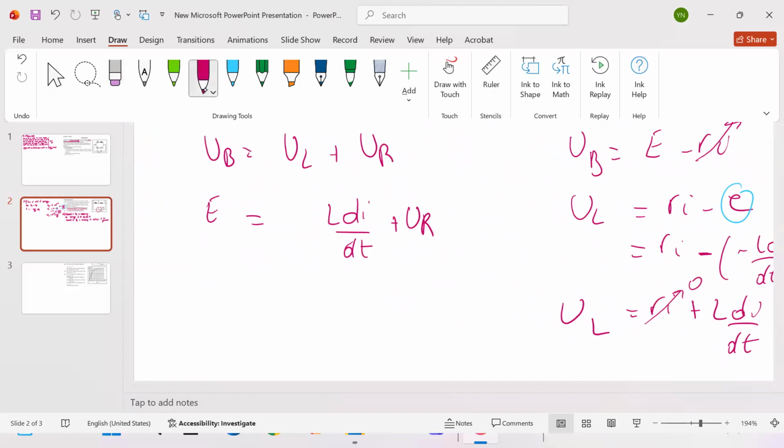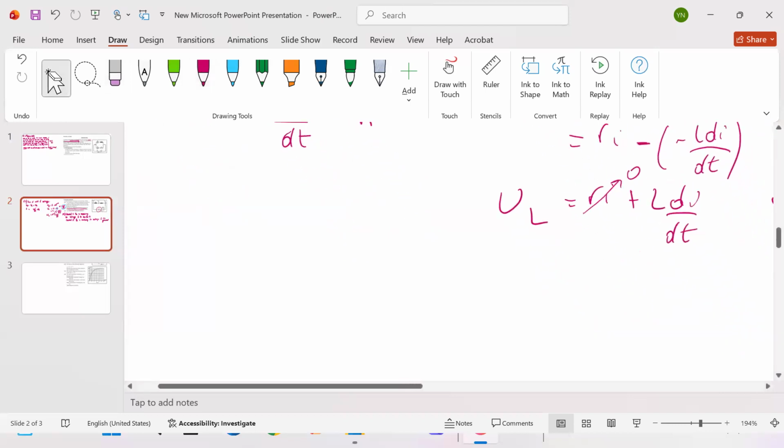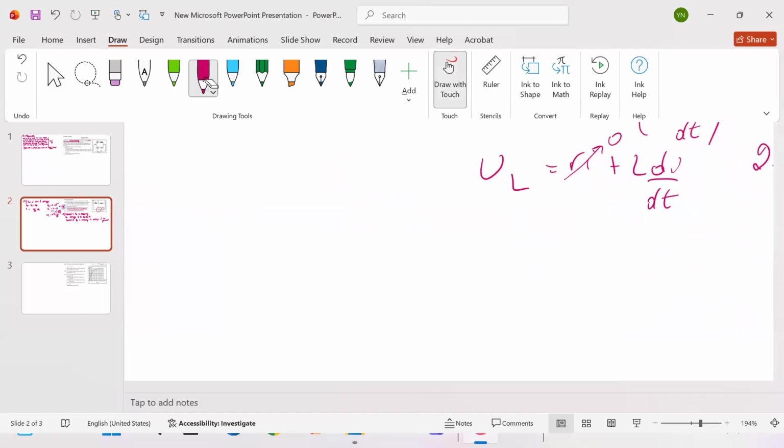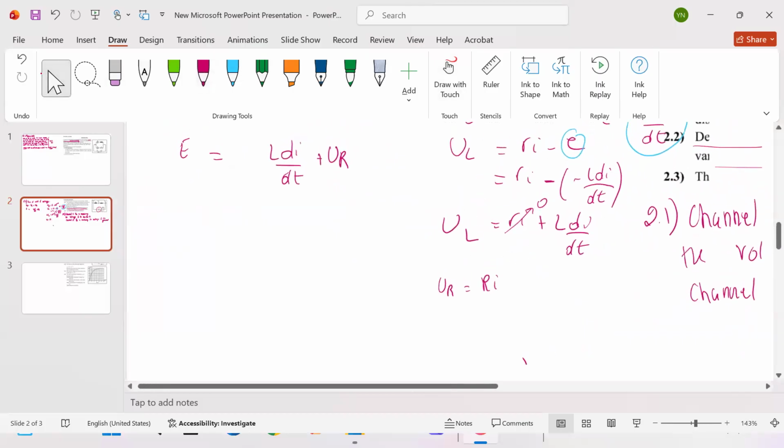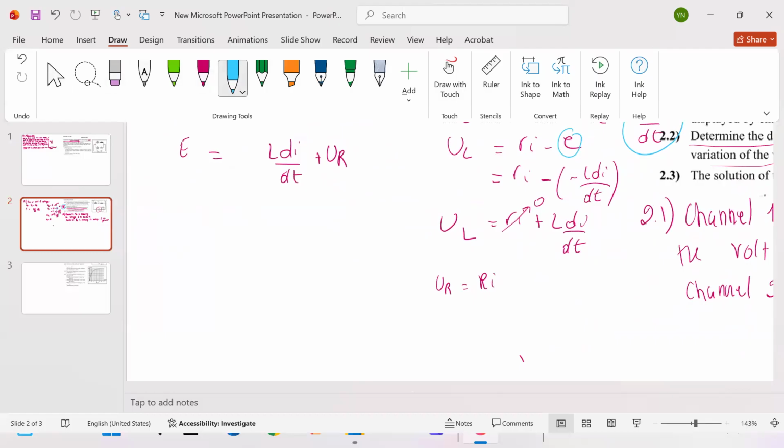Now my problem is I have two variables. I have i and I have UR. No, I need only UR. So I have to find a way that can help me replace di over dt by UR. The only thing that I know that relates the voltage of the resistor and the current is Ohm's law. Okay, but you will tell me, you have in the differential equation di over dt, so in the formula of Ohm's law, we have i.